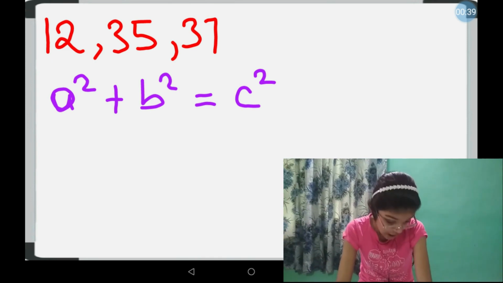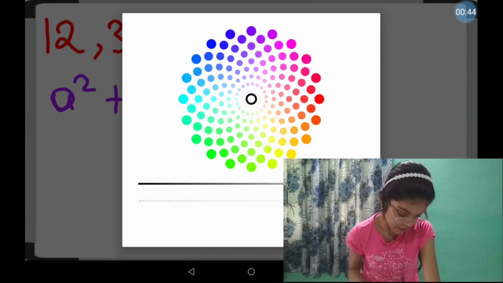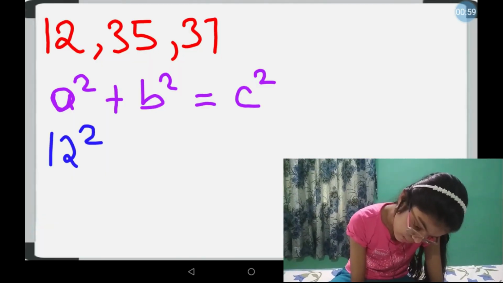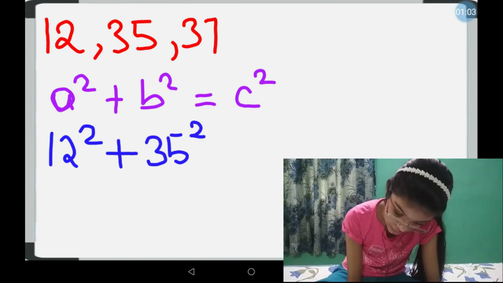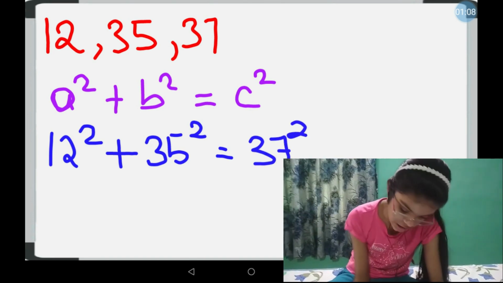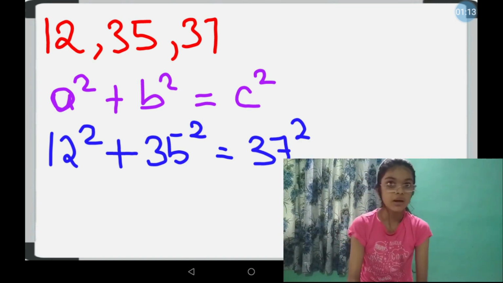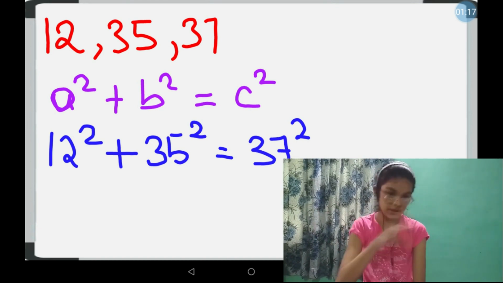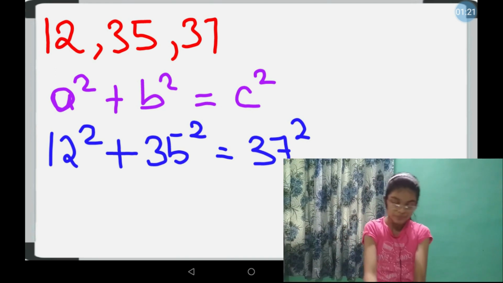Now let's apply that to this Pythagorean triplet and see if we are right. 12 squared plus 35 squared gives 37 squared. And this is a rule: the largest number must be at the end, because m squared plus 1 is the largest, it should always be after the equals sign. It should always be c squared.